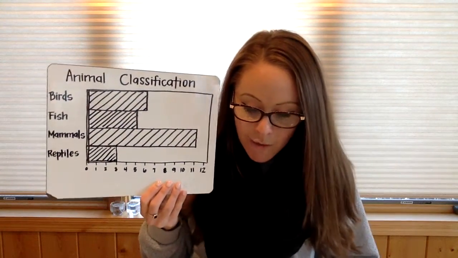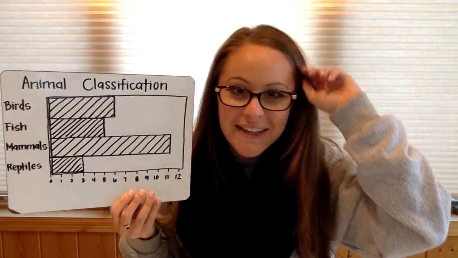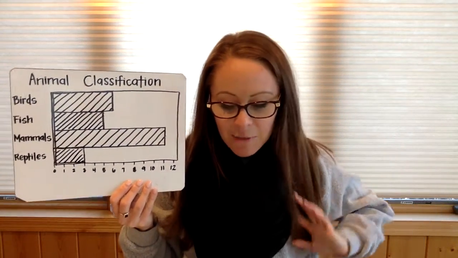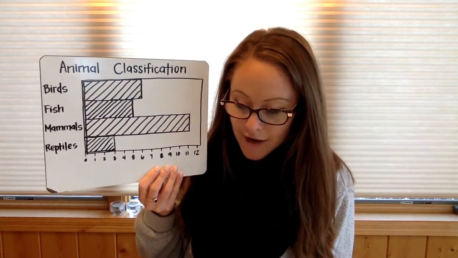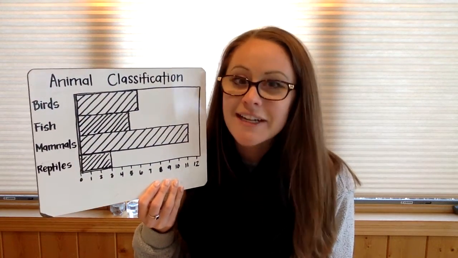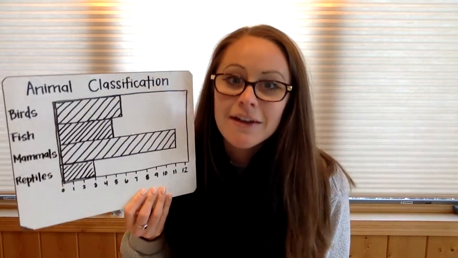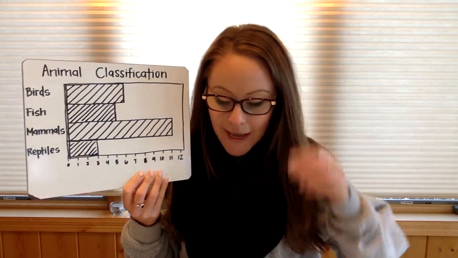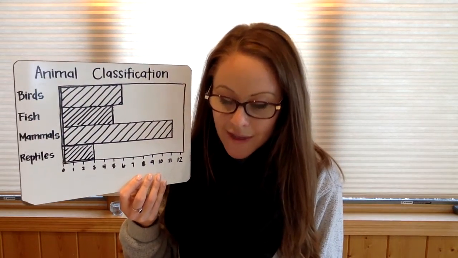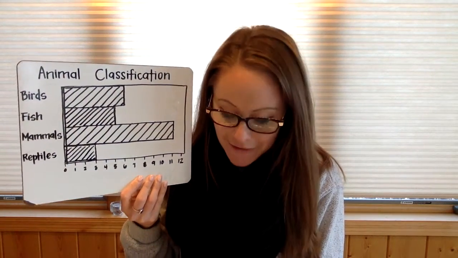Okay, let's go on to letter B. It says, how many more birds and mammals are there than fish and reptiles? That's kind of a lot to think about, so maybe let's read it one more time. How many more birds and mammals are there than fish and reptiles?